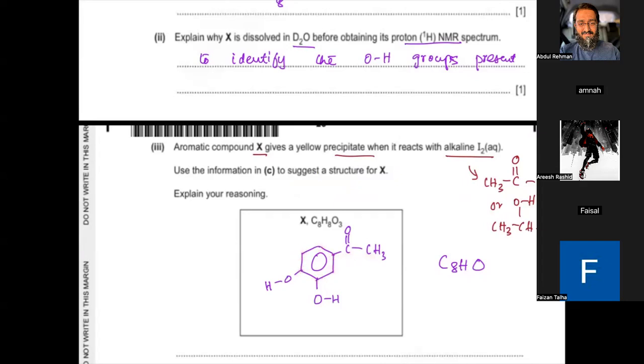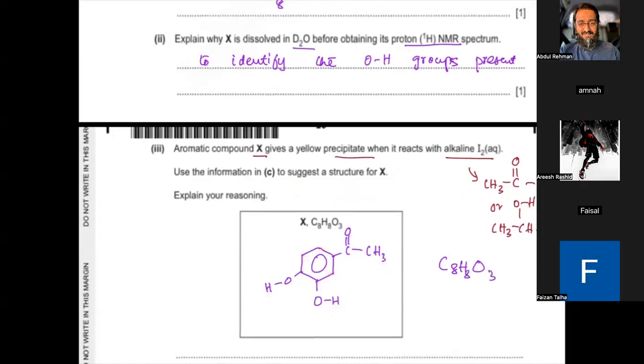Now, count the hydrogens: 1, 2, 3, 4, 5, 6, 7, 8. Yes, there are 8 hydrogens, and we get 3 oxygens as well.